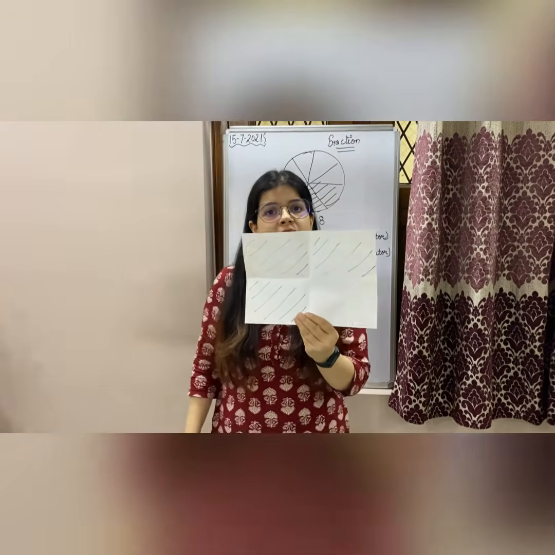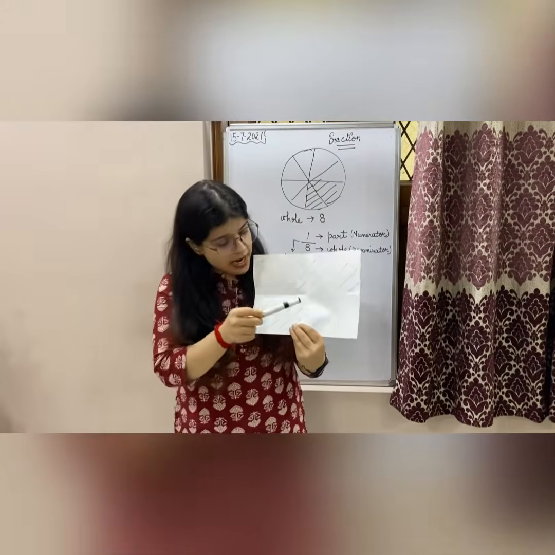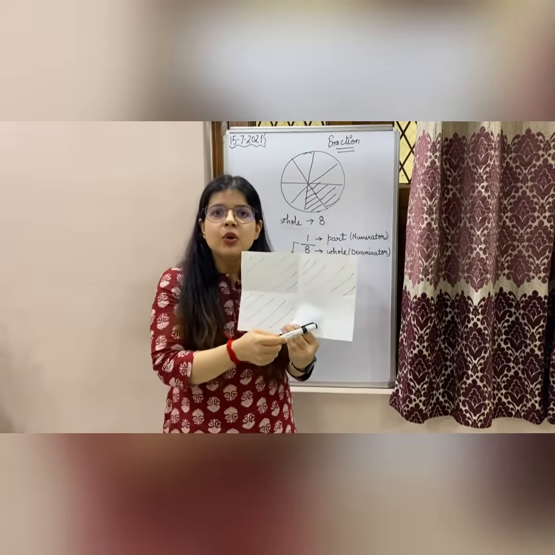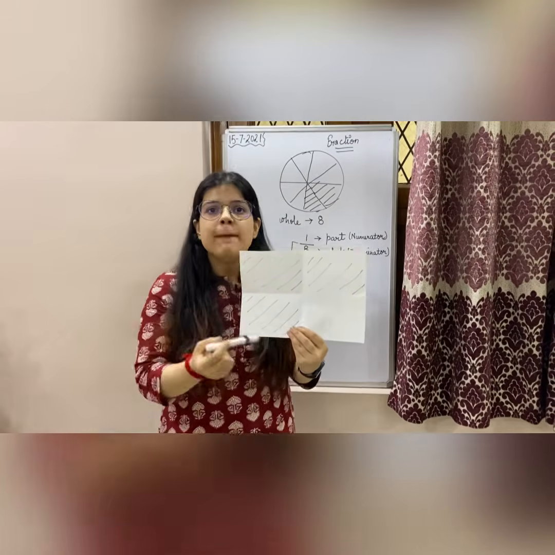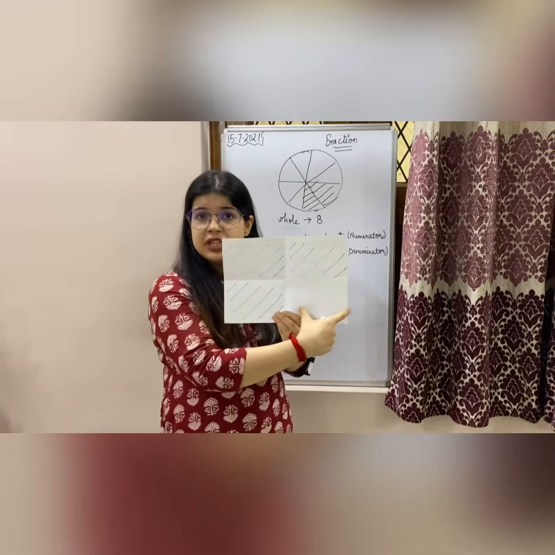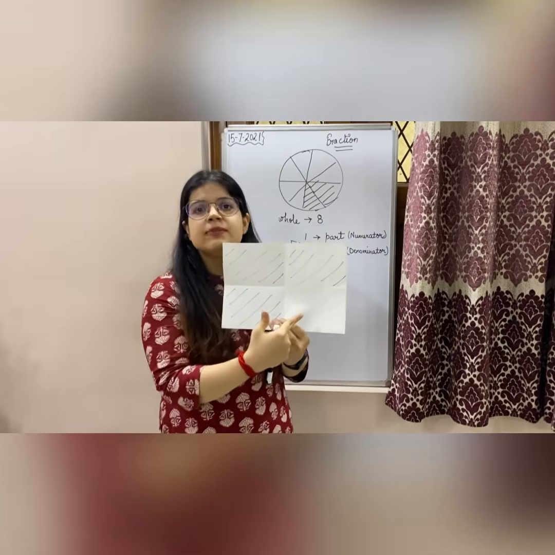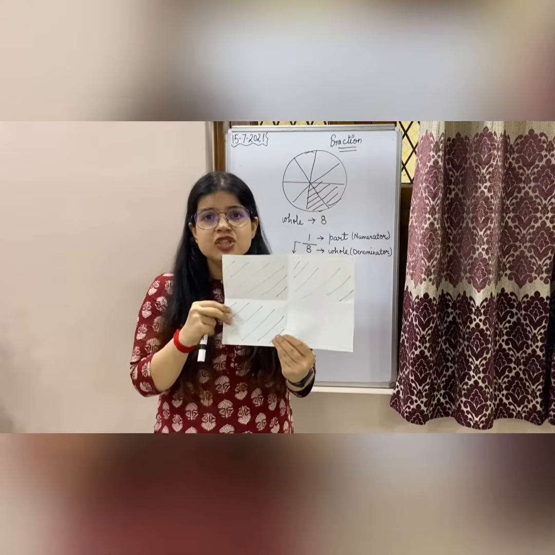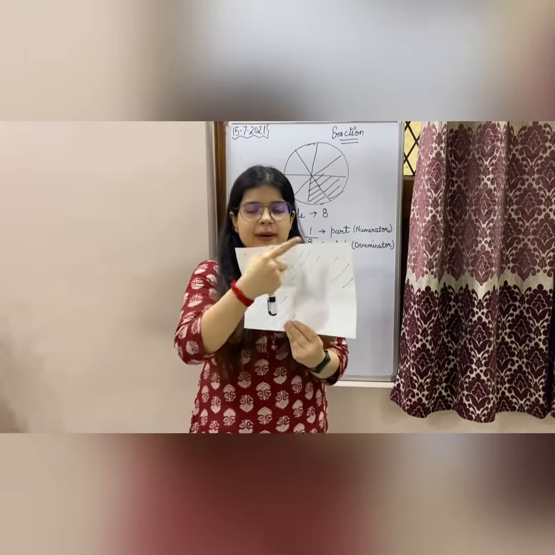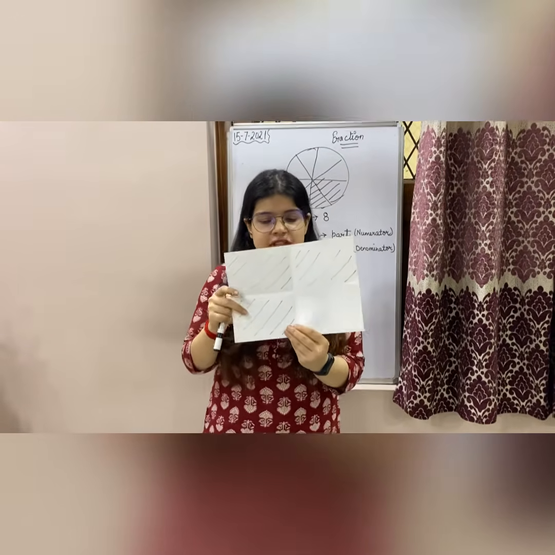Now coming to the unshaded, only one part is unshaded here. So your fraction for the unshaded part will be 1 by 4 because 1 is a part which is unshaded and the total comes in your denominator, that is 4. So 1 by 4 will be your unshaded fraction and 3 by 4 is the shaded fraction here.